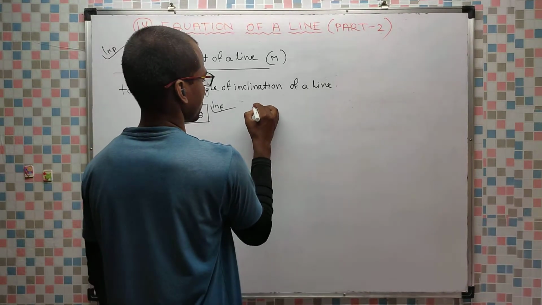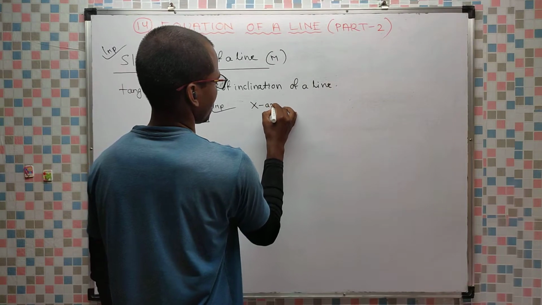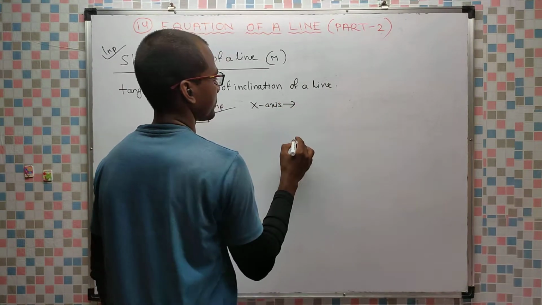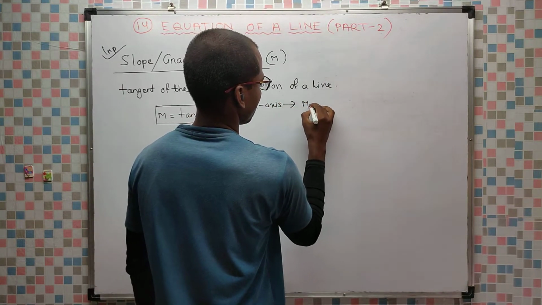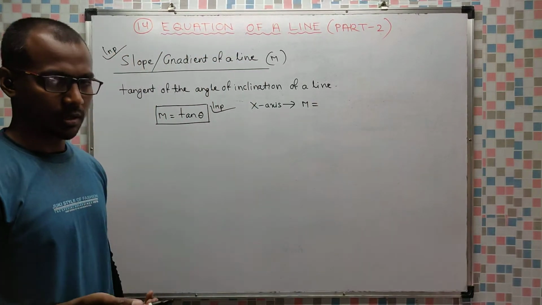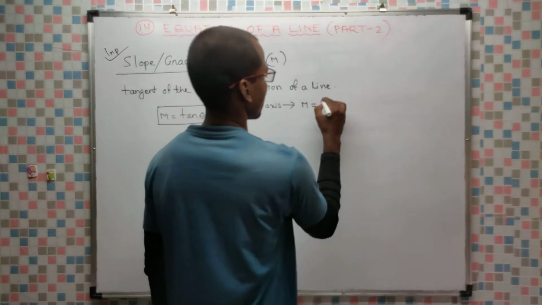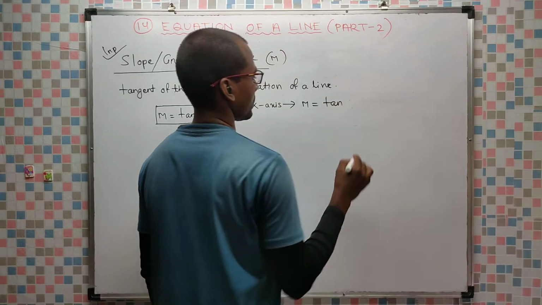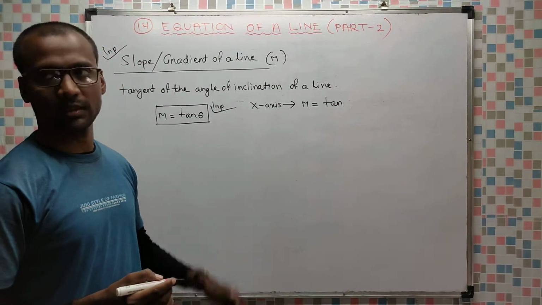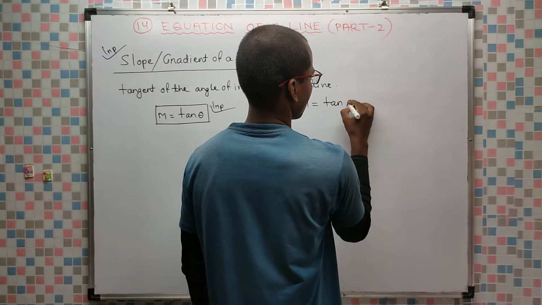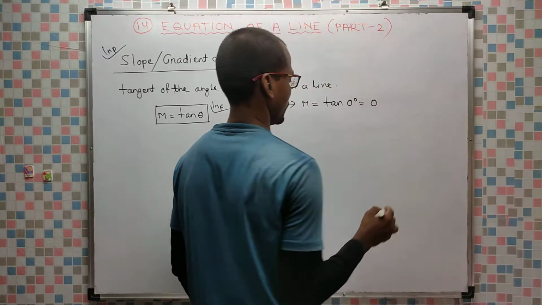Ready? For example, the x-axis. First we will take the x-axis. What will be its slope? Tan theta. Now what is its theta? Means what is the angle of inclination of the x-axis? 0 degree. So m is equal to tan 0 degree, which is 0.